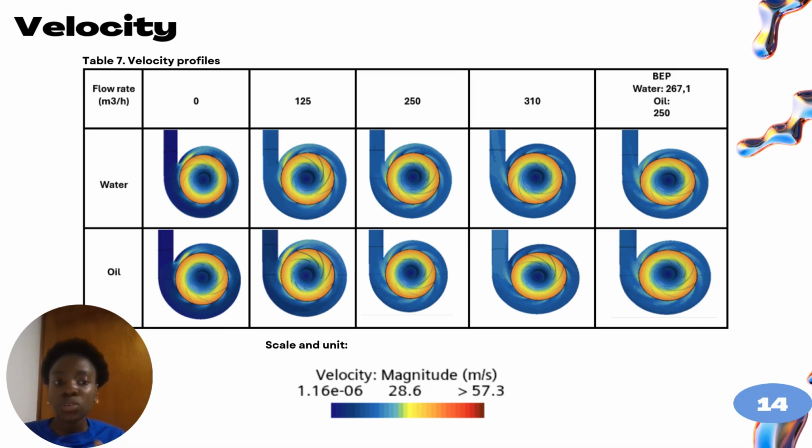Furthermore, since water is less viscous than oil, it moves at a higher velocity. On the other hand, the region with the highest velocity is the rotating area, where the impeller is located, which is responsible for generating the movement. Near the discharge nozzle, the velocity is very low, which could lead to recirculation or fluid stagnation.